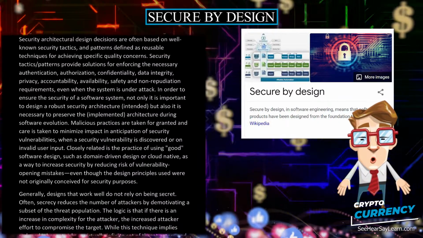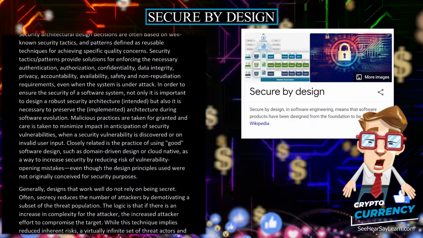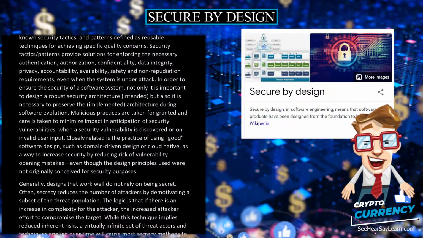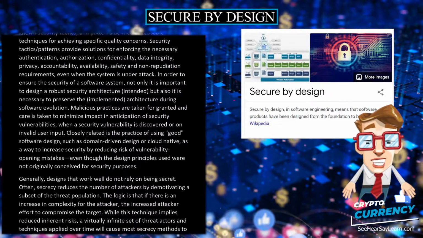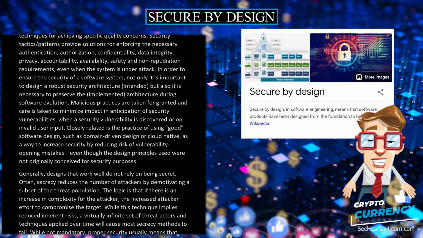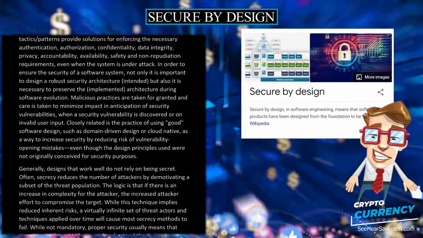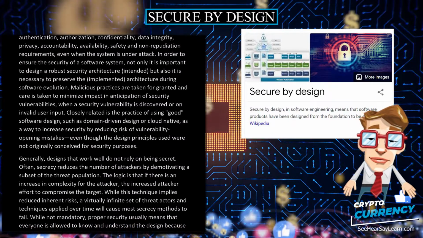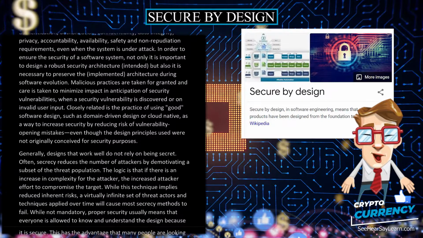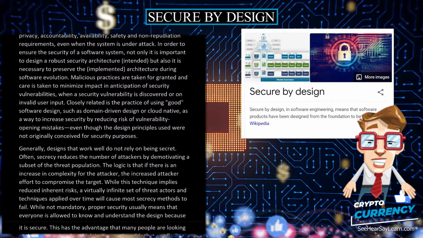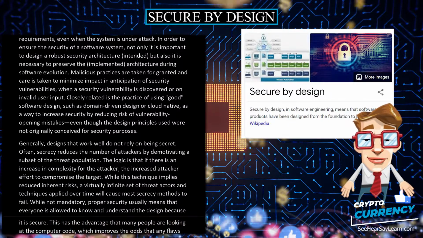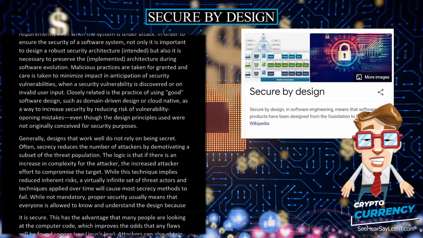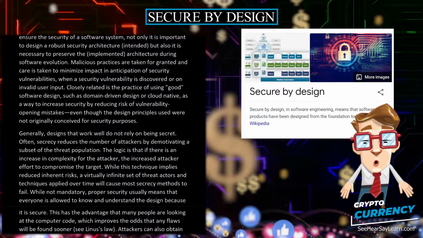In order to ensure the security of a software system, it is important not only to design a robust security architecture as intended, but also to preserve the implemented architecture during software evolution. Malicious practices are taken for granted, and care is taken to minimize impact in anticipation of security vulnerabilities, when a security vulnerability is discovered or on invalid user input.